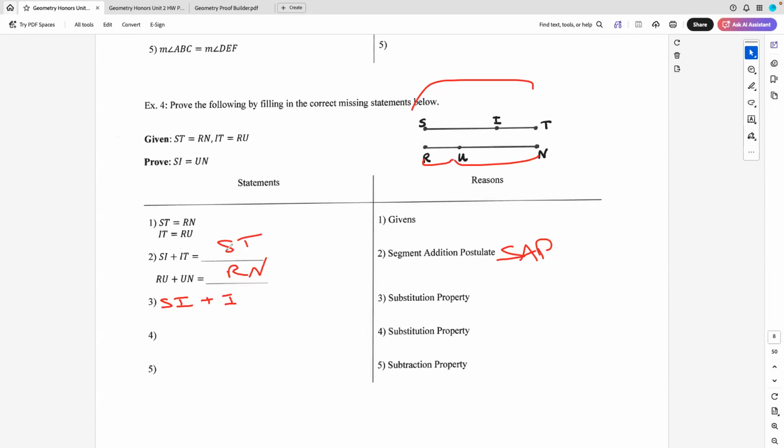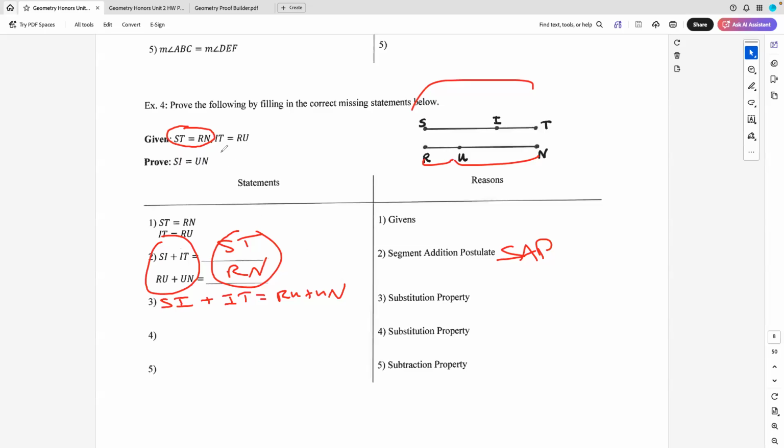Okay. Now, we already established that ST equals RN, right? From the given. So if ST already equals RN, aren't those pairs equal to each other? So that's a substitution.